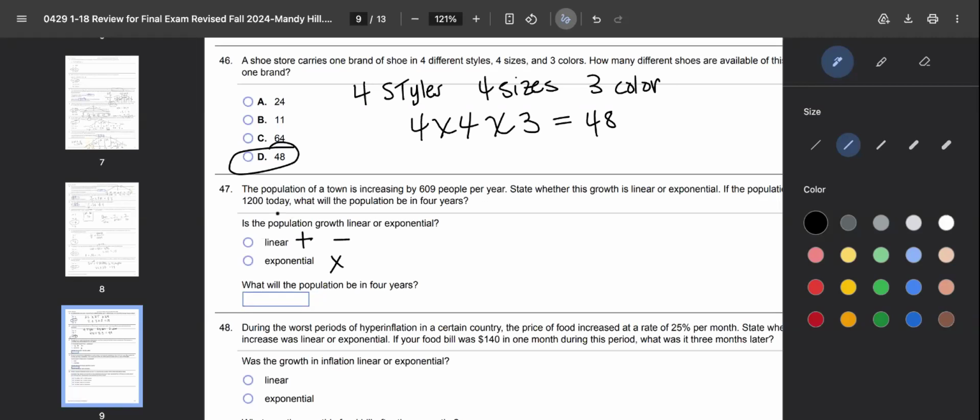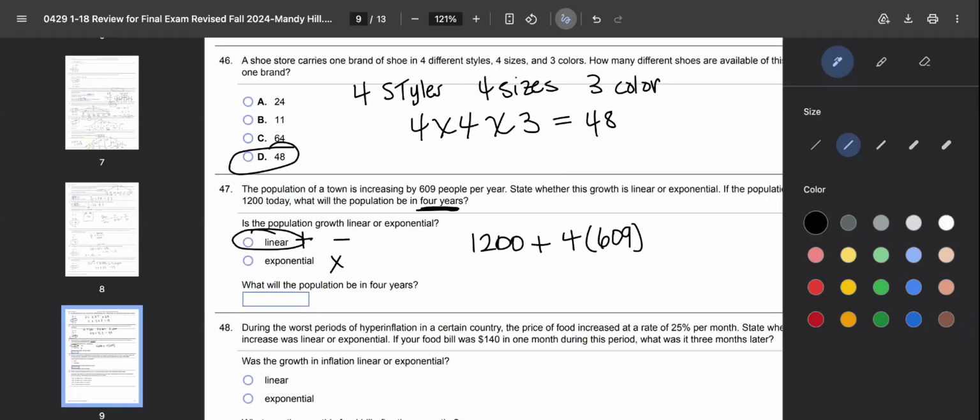If the population is 1,200 today, what will the population be in 4 years? Okay, so linear because we're adding on 609. We want to calculate what's going to happen in 4 years. We've got 1,200 plus 4 times 609 because we're adding on 609 4 times because we're doing 4 years.